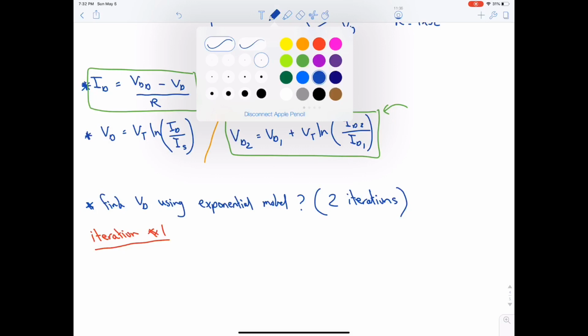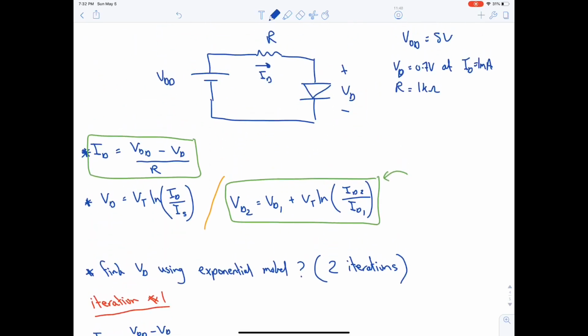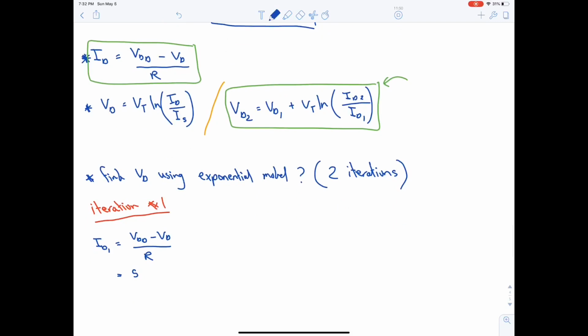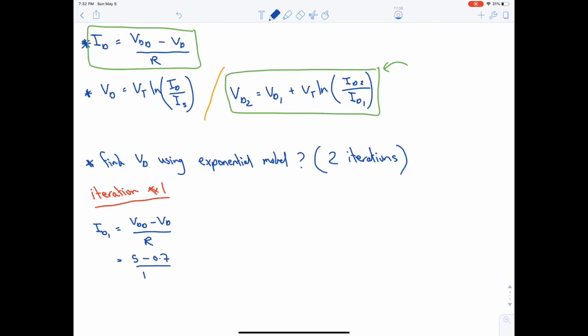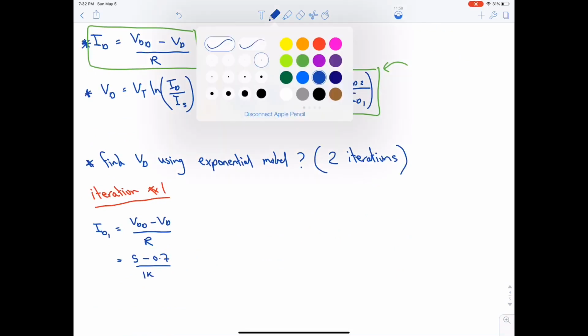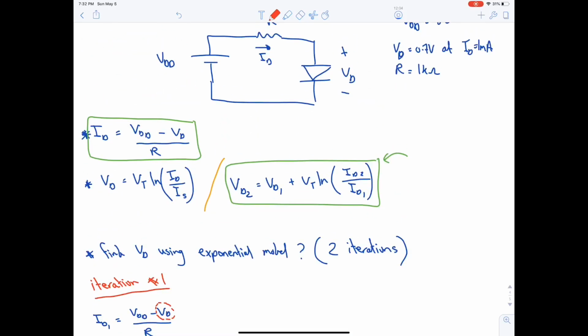So ID1 is equal to VDD minus VD over R. VDD is 5. VD is 0.7 divided by R, which is 1 kilo ohm. Now make sure that you differentiate between this VD and this VD. They are not the same.